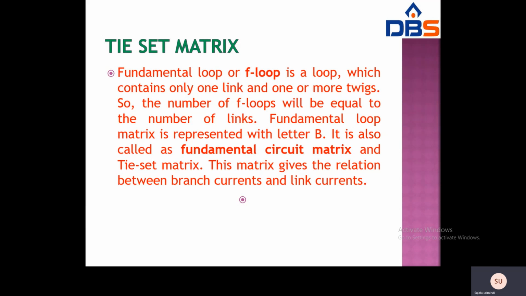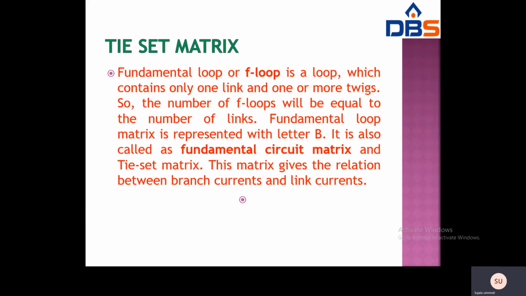When a network is there, what is the tree? It connects all the nodes but does not form a closed path. If any loop is there, for that loop only one link must be there, and all the remaining are twigs.